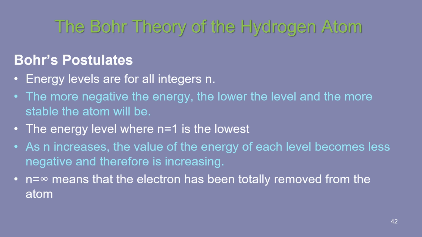As n increases, the value of the energy of each level becomes less negative. Therefore, energy is increasing as you go up. Even though the number is getting smaller, it's still negative, so the numbers are getting bigger. N equals infinity again means the electron has been totally removed from the atom and energy then is 0.